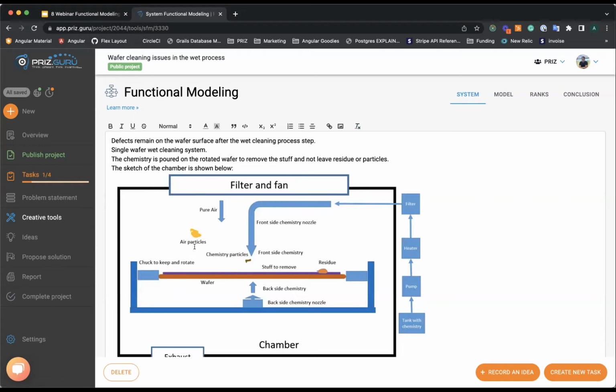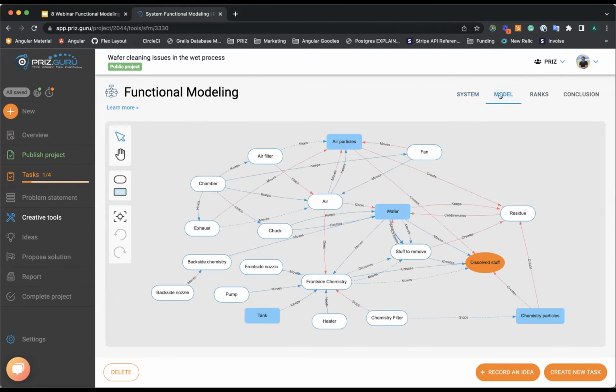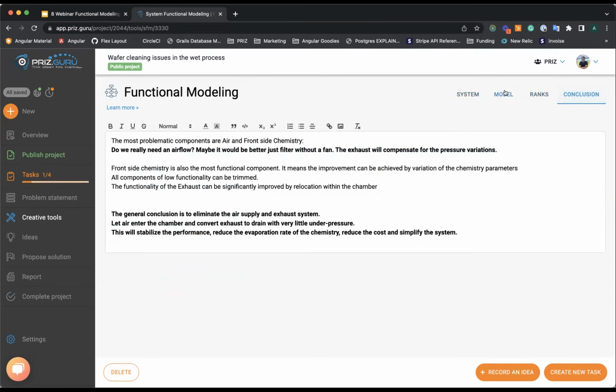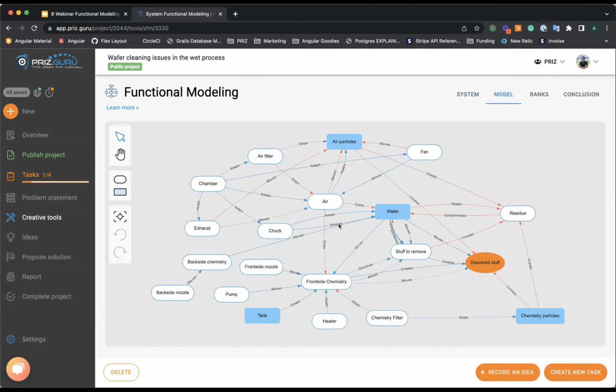It's wafer breaking, or no, that's actually cleaning of a wafer in microelectronics manufacturing, and the model looks like that. Eventually, the process is the same, and drawing conclusions is of course different because they're different systems. And this is a technical system, a very technical system. There are no people involved at all, right?